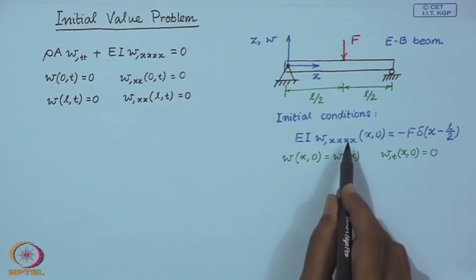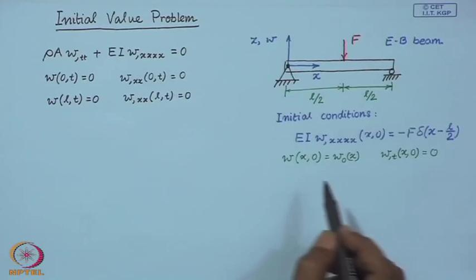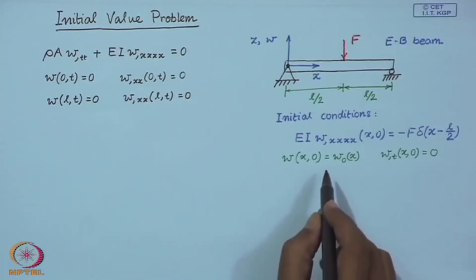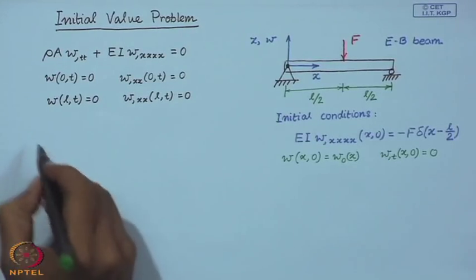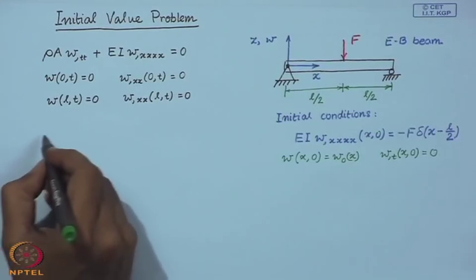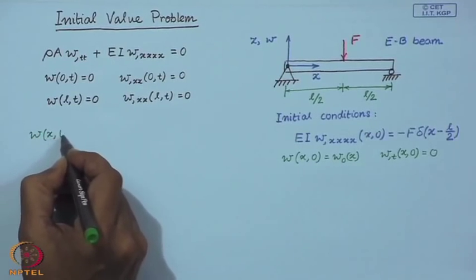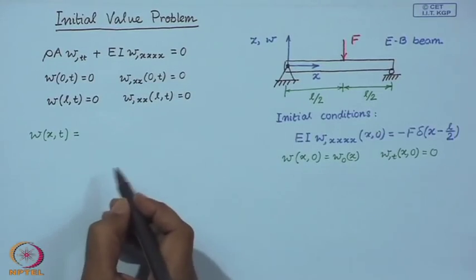This we can substitute in here and integrate out to determine the initial shape of the beam, but we are not going to do it immediately. We are going to first write the solution of this problem as an expansion in terms of the eigenfunctions.